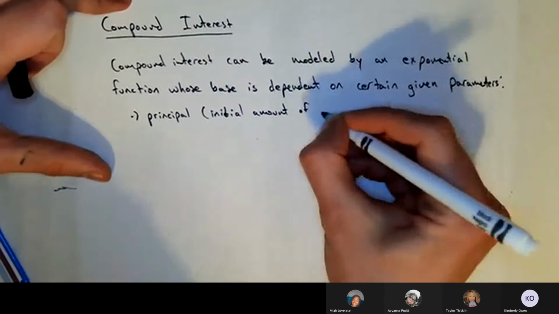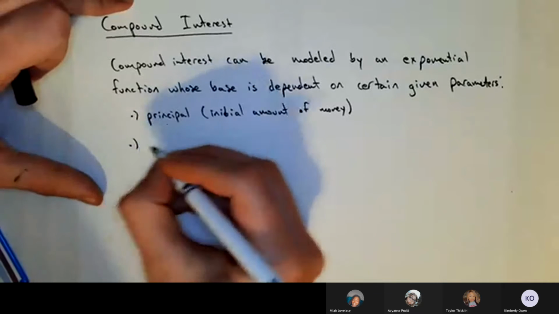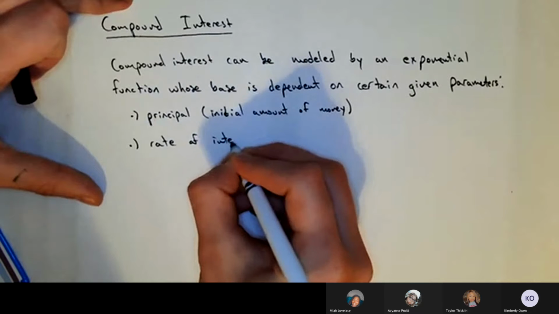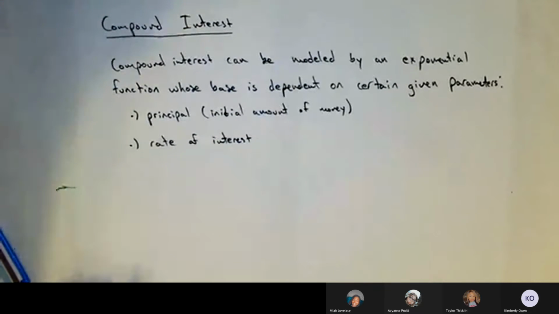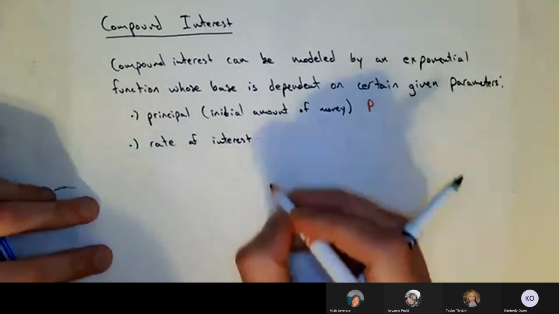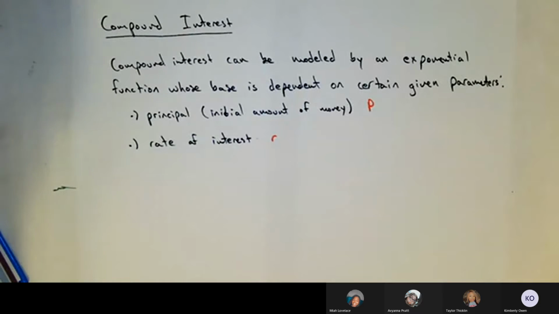So the initial amount of money is one thing that it will depend on. It's also going to depend on the rate of interest. Let me tell you what we denote these by. We denote the principal by a capital P. We denote the rate of interest by an R. The rate of interest is a percentage that you're given by your bank.